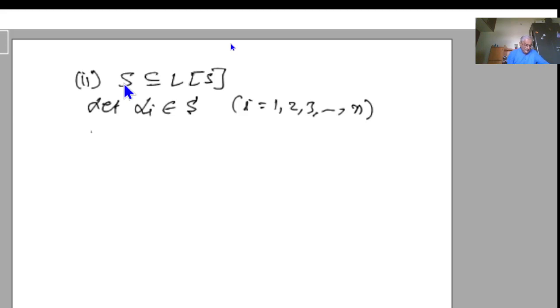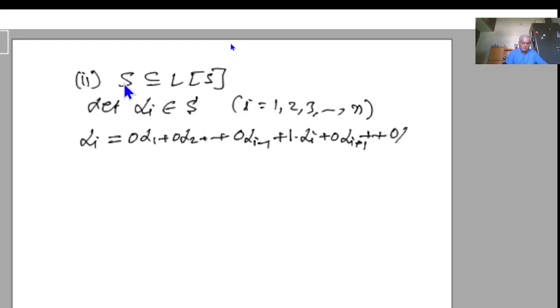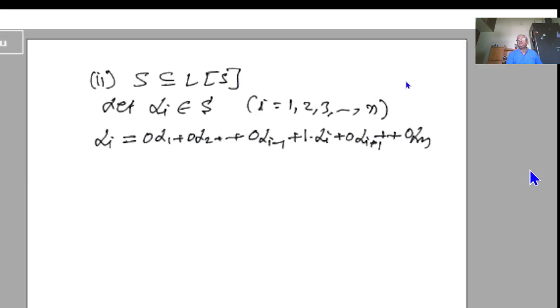Now I will write alpha i as 0 alpha 1 plus 0 alpha 2 plus 0 alpha i minus 1 plus 1 into alpha i plus 0 alpha i plus 1 plus up to 0 into alpha n. So alpha i can be written like this, because these are all zeros.